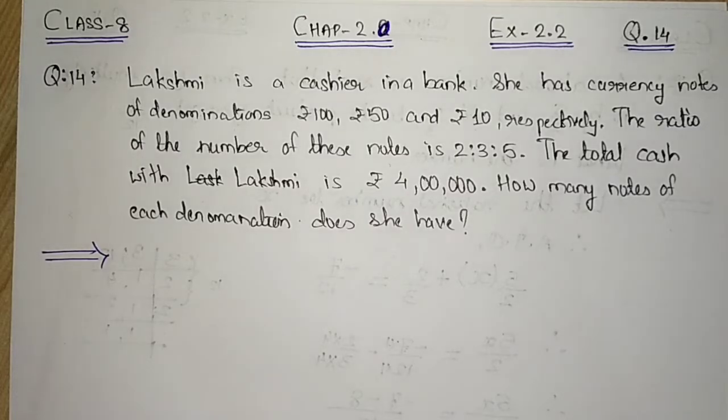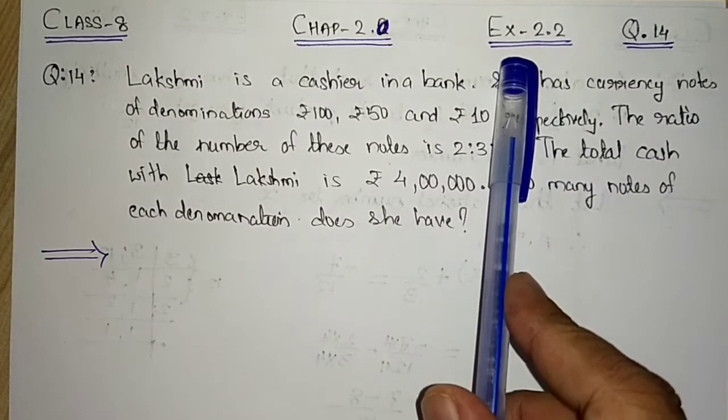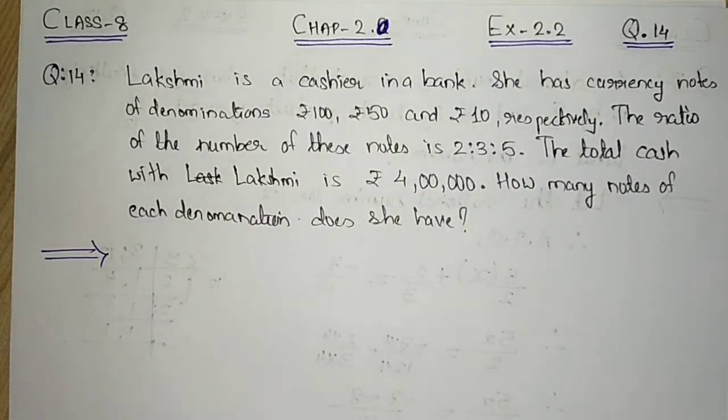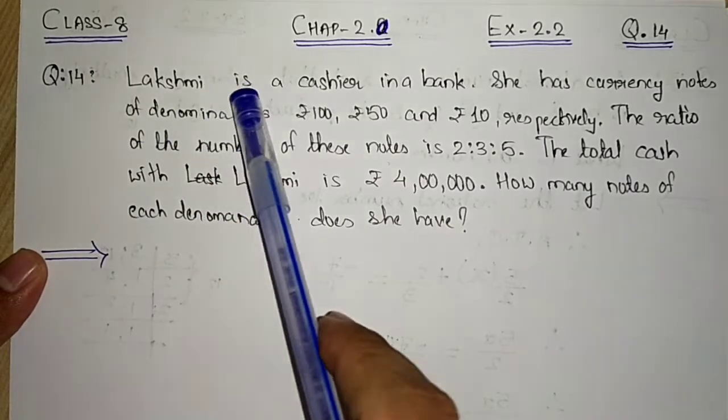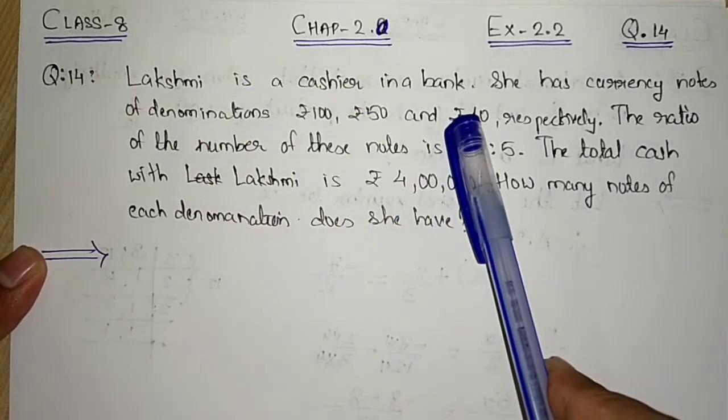Students, today we are going to solve question number 14 of exercise 2.2, chapter 2, that is linear equation in one variable. So question number 14 says Lakshmi is a cashier in a bank.